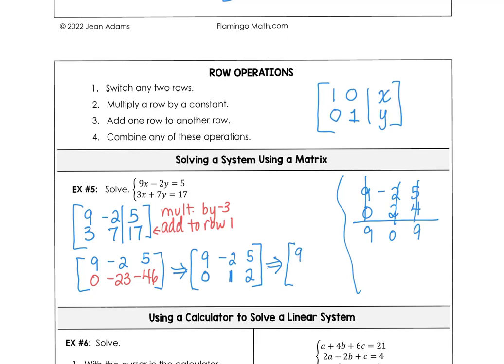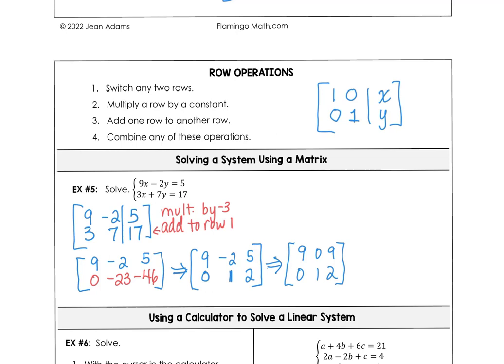the same first row, 9, -2. No, I'm sorry, we're going to replace that with row 1. We're going to get 9, 0, 9 for our first row, and 0, 1, 2, because remember we are allowed to combine or switch rows or add one row to another row or combine any of those operations.